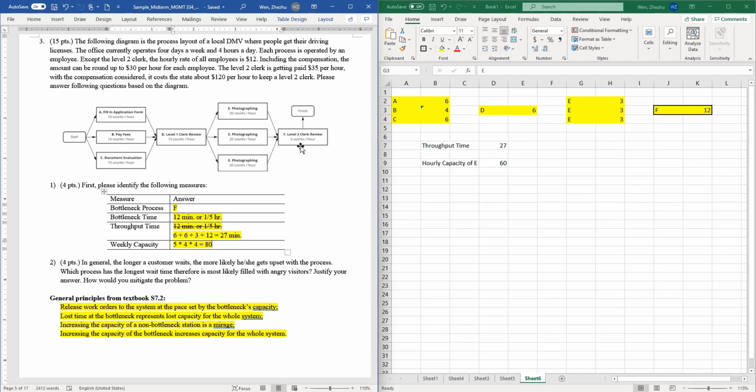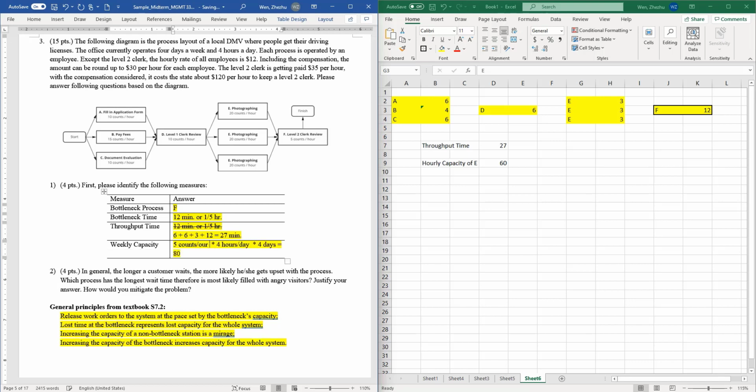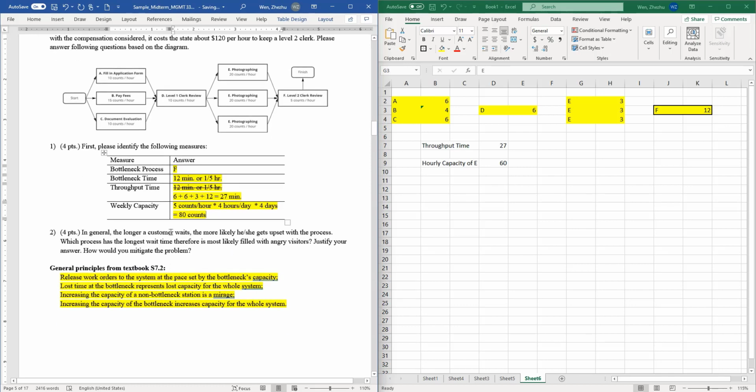You multiply by 4 hours per day, and by 4 days a week. So this is 5 counts, 4 hours, 4 days, and it's going to be 80 counts in any given week. That's everything you need from the capacity analysis part.